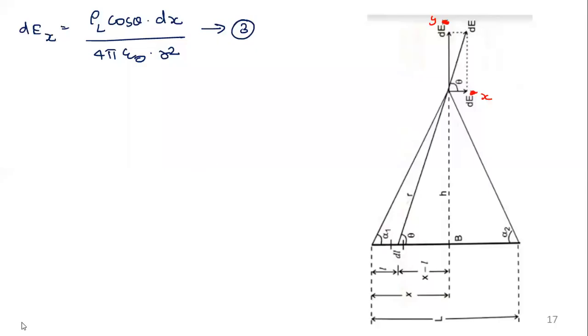This is the same figure, but they have used some different notations, so I will just correct it. In our figure, up to here the distance was x only, and then the distance up to the middle was L1, and for us this was L1 minus x.